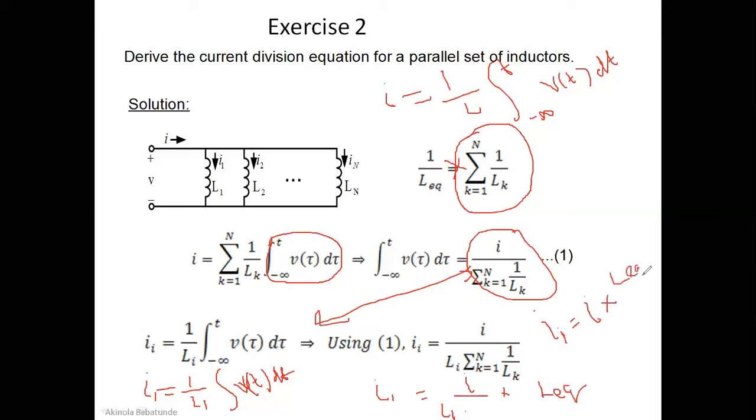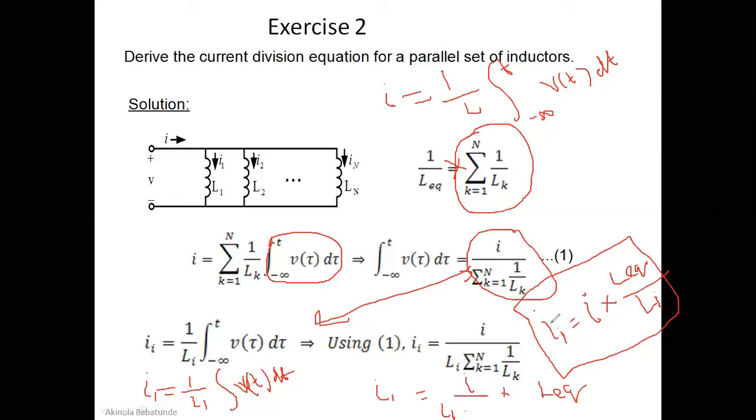If you rearrange that mathematically, L equivalent over L1 now. So you can see that we have come up with, for the inductors connected in parallel, the current will be equal to source current multiplied by Leq divided by L1, where Leq means equivalent inductance, over L1. If you keep this as Li, this can be Li. If you write 1 here, then this becomes 1 too.